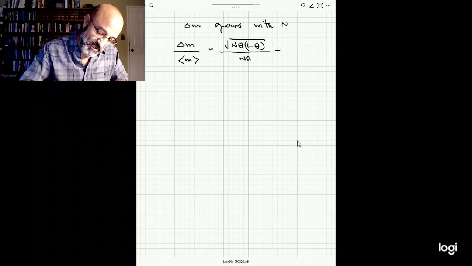And so the actual result here is that you get the square root of 1 minus theta divided by n theta.